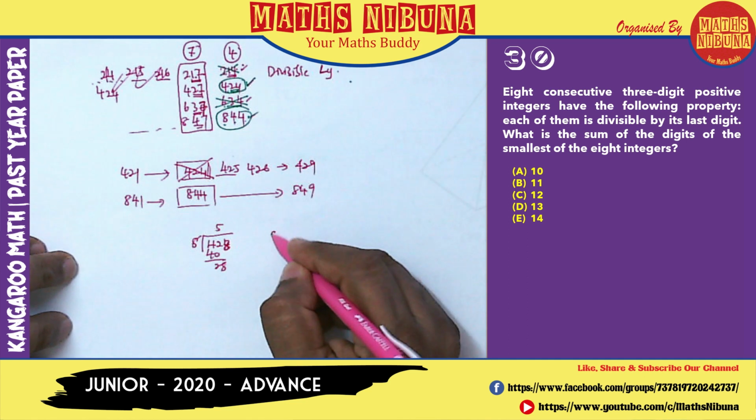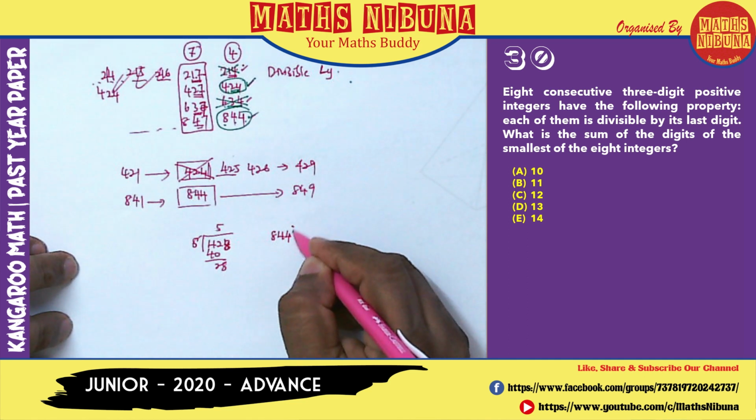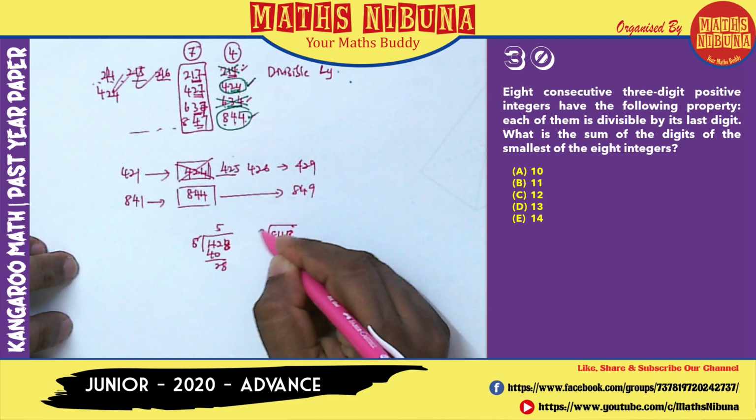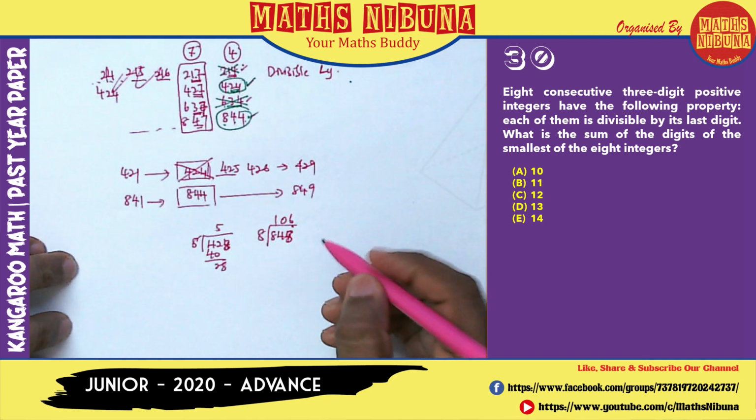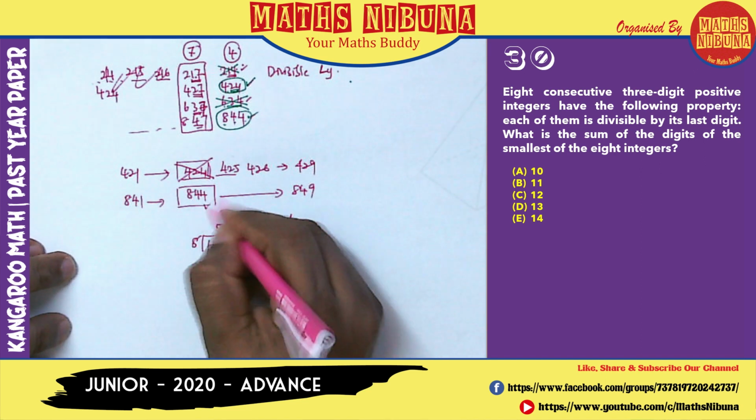Okay, 848, sorry, 848. 848 divided by 8 is 106, so this can be divided by 8.